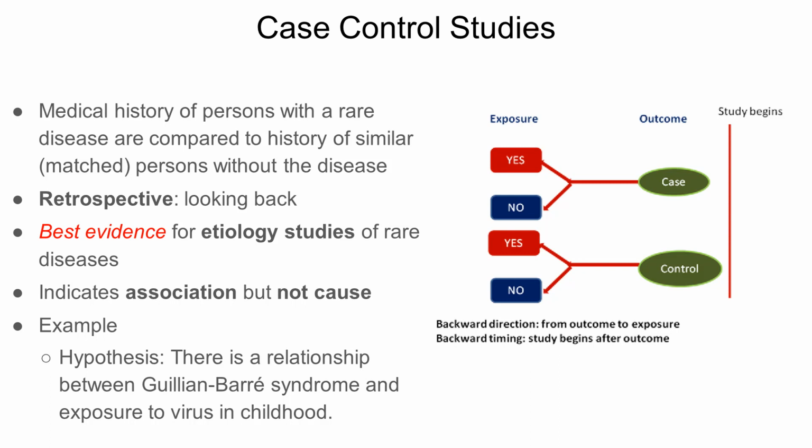Controls would not have Guillain-Barré syndrome. And the exposure would be exposure to a virus in childhood. They identified that it is possible that Guillain-Barré syndrome is more prevalent or associated with exposure to a virus in childhood.